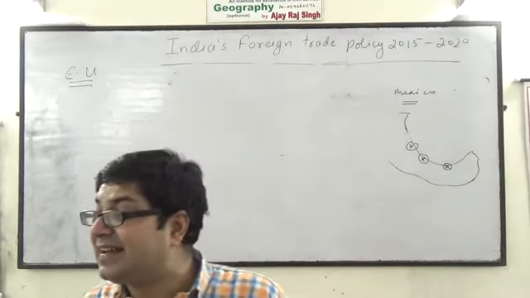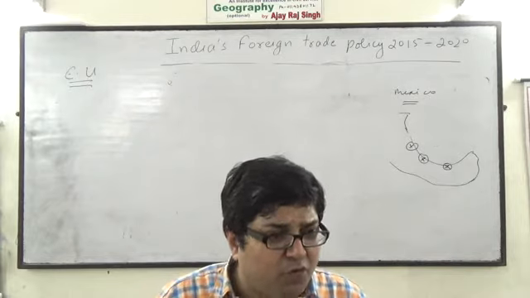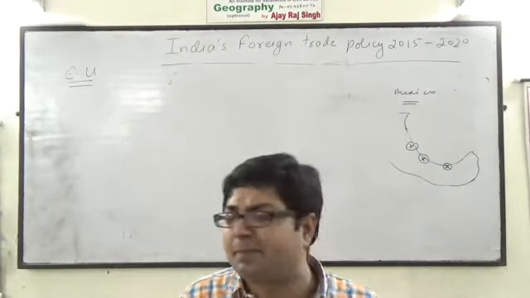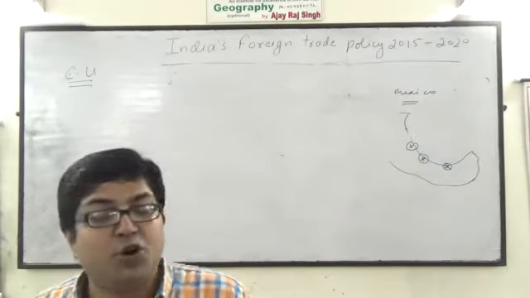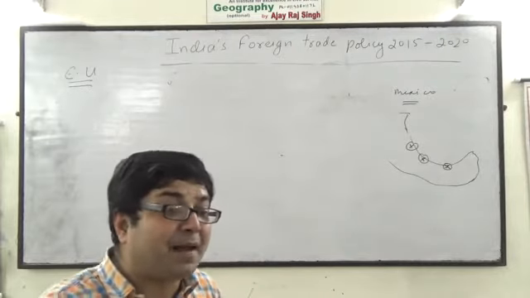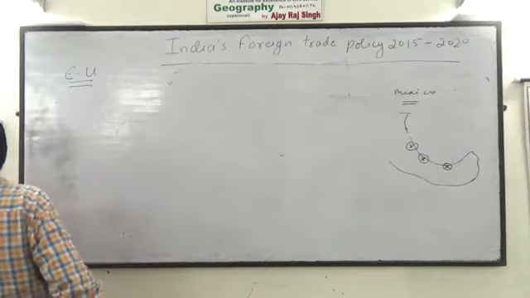Since the early 90s, the Look East policy has been the major focus of India's foreign policy. India has developed a multi-facet relationship with ASEAN countries, both bilaterally and multilaterally. ASEAN comprises 10 countries.